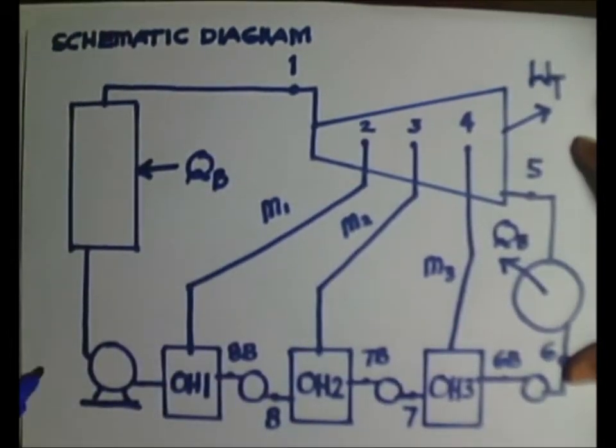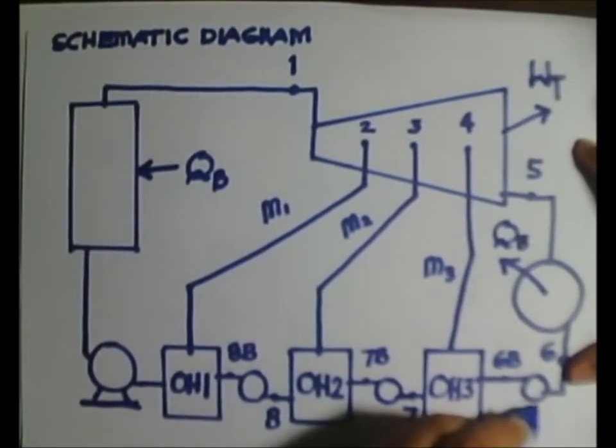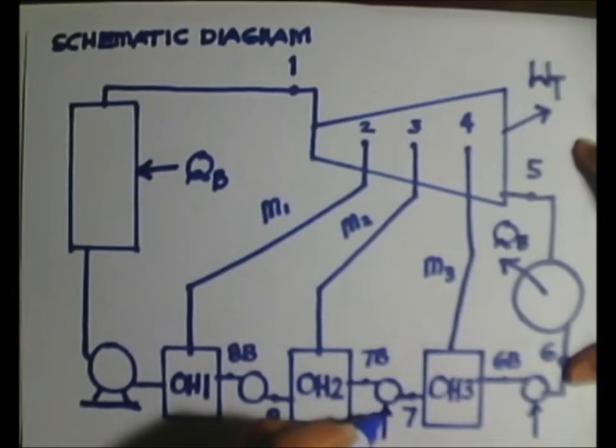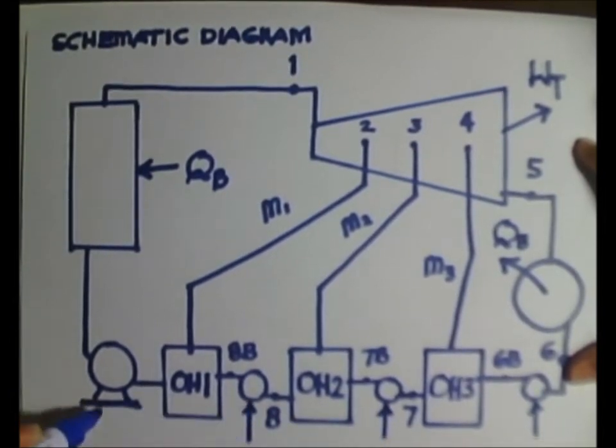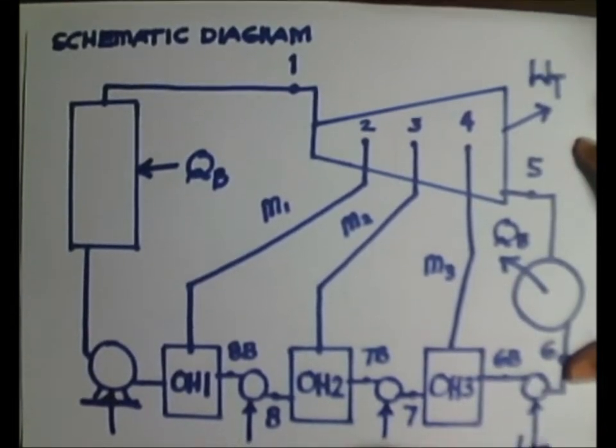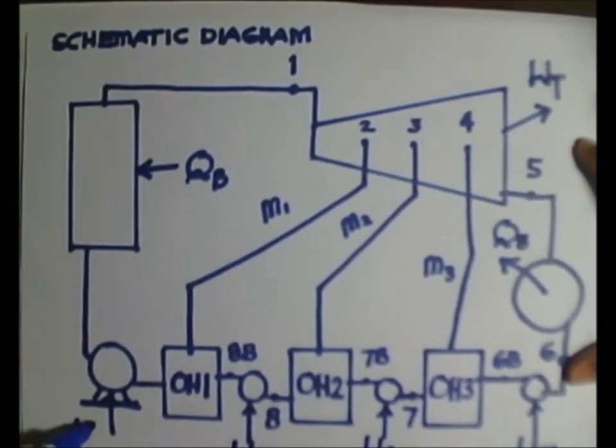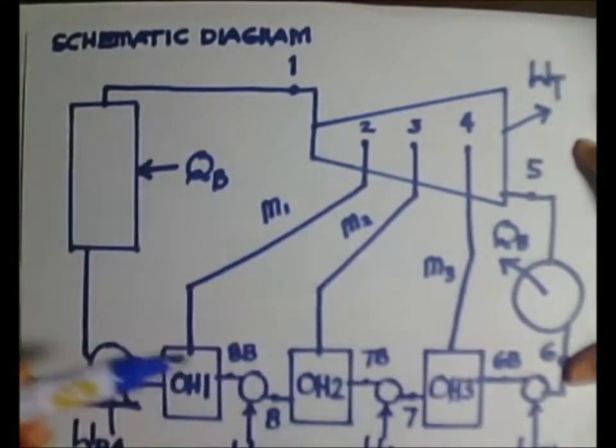And the pump works here, since we have several pumps: pump work 1, pump work 2, pump work 3, and pump work 4. We would take the sum of these pump works to be able to determine the total pump work required by this system here that we have.